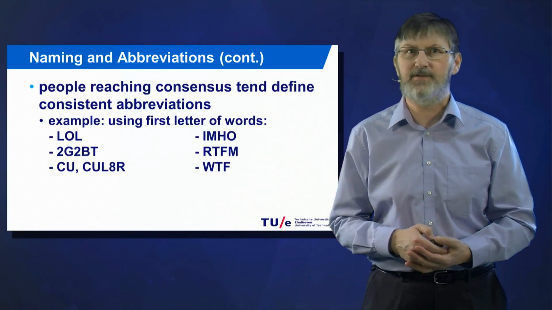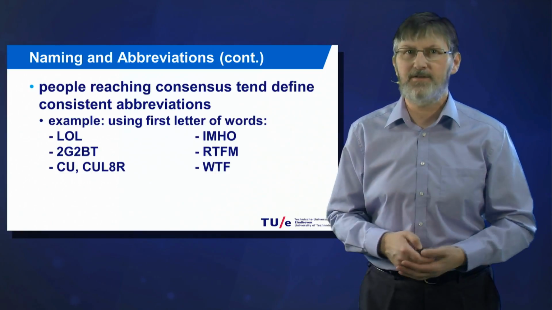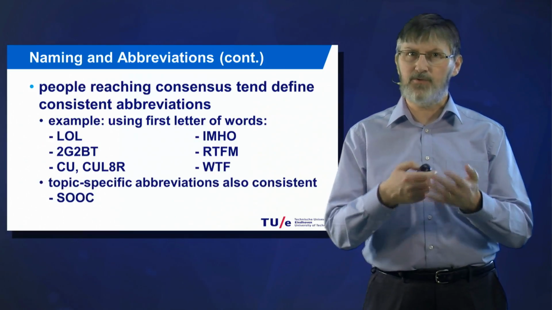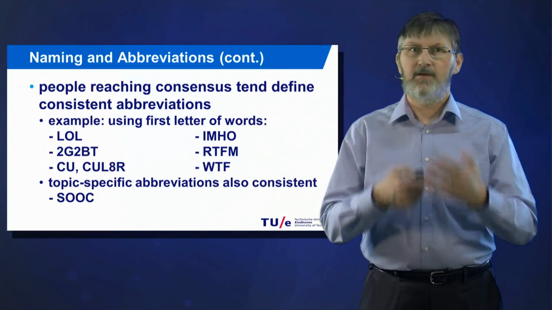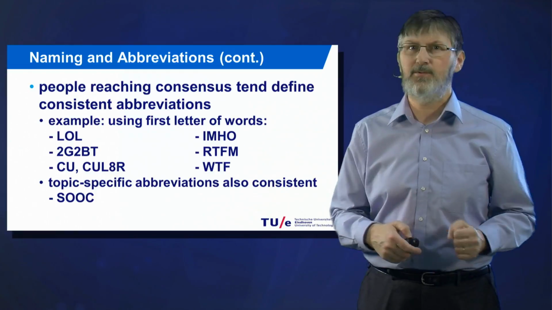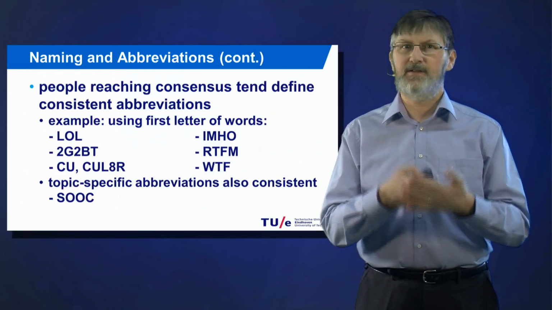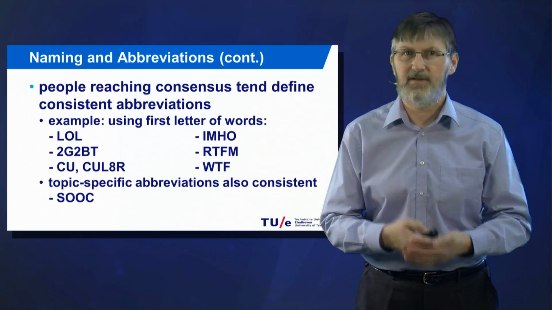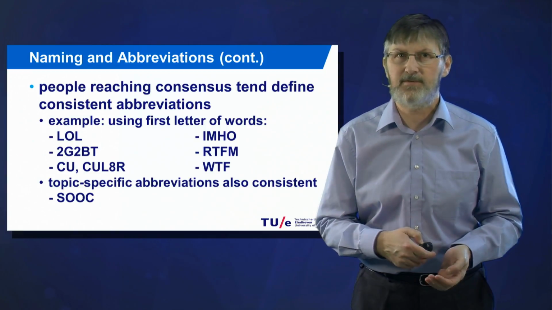You all recognize these. It doesn't take the whole world to agree. Some of these abbreviations are also topic specific. You may not know what SOOC means, but if you're into photography, you know that it is straight out of camera, using the first letter of each of the words.